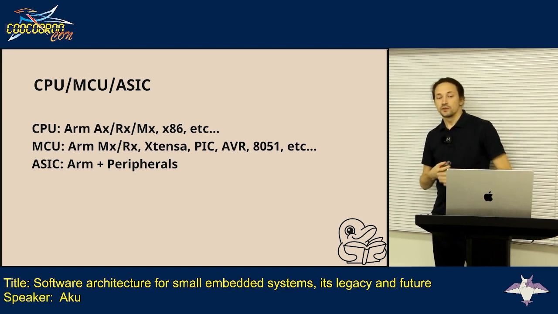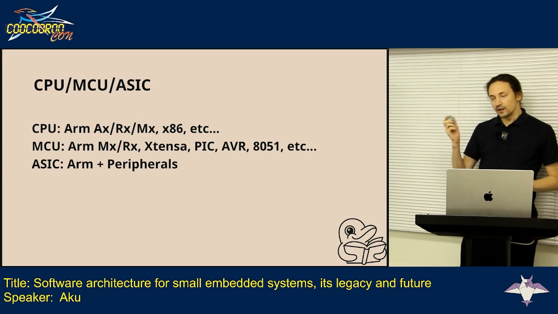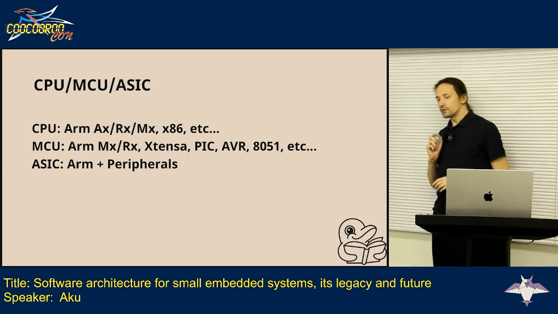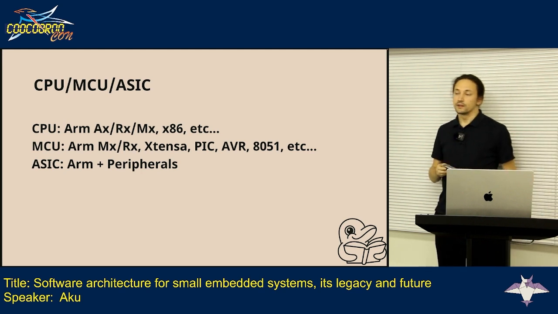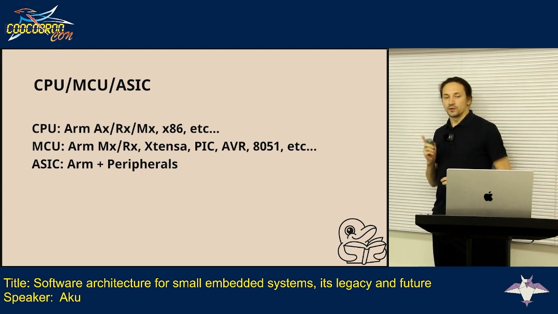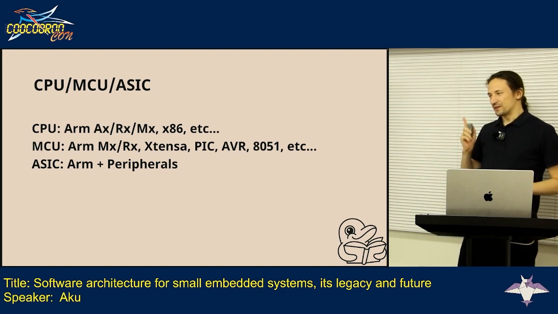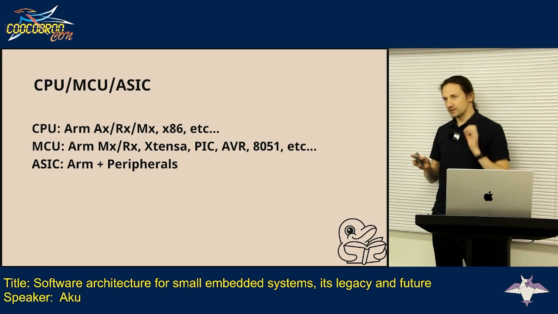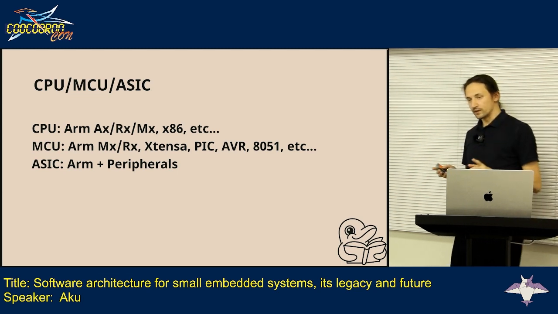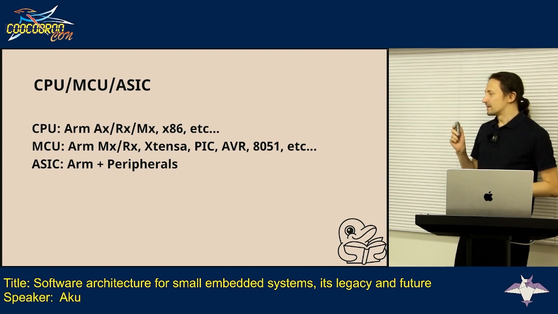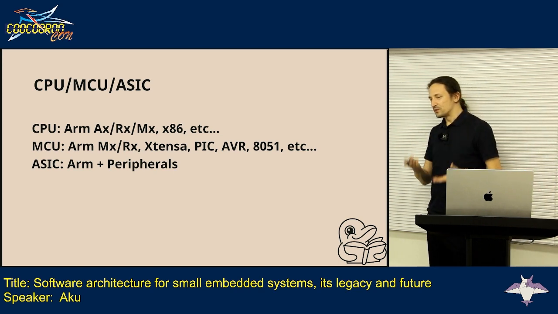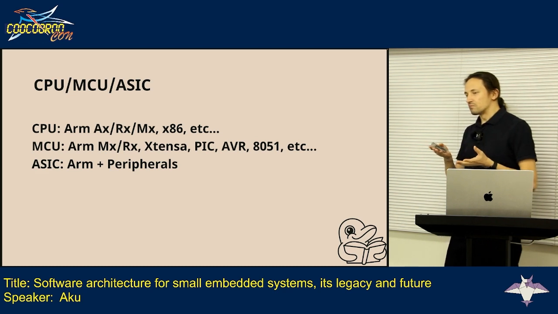So we can find, for example, the 8051. This is one of the oldest architectures. It was originally designed for microcontrollers. And what is important is that most of the commands this architecture supports in modern MCUs are executed immediately in one clock tick. That makes it quite nice for some things.